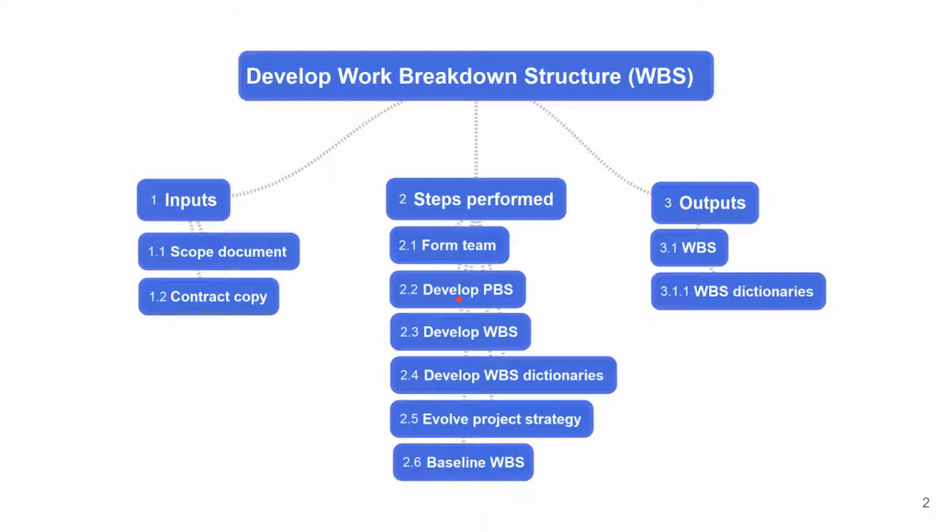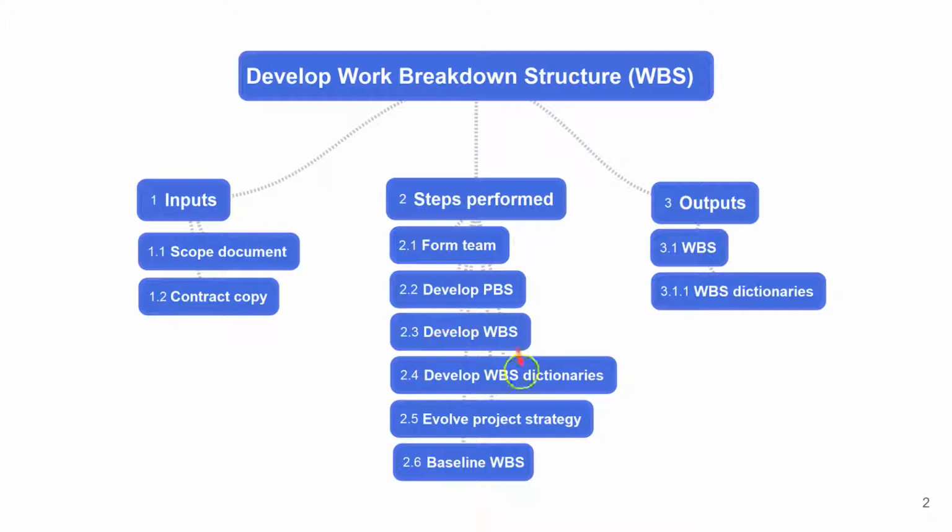Then on top of the product breakdown structure, we superimpose the activities that must be performed to create those deliverables, and we get the work breakdown structure. The lowest level in the WBS we call the work packages, and since the WBS doesn't have a lot of information, we have to develop the WBS dictionaries to provide additional information about the work packages to the person who's really doing the work.